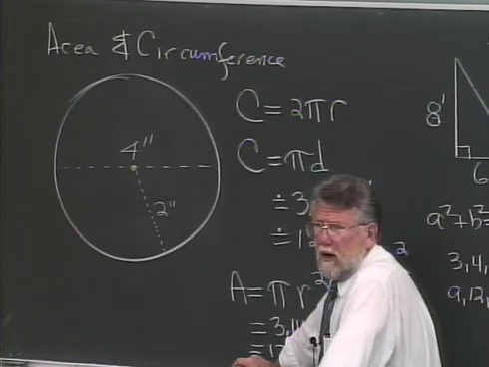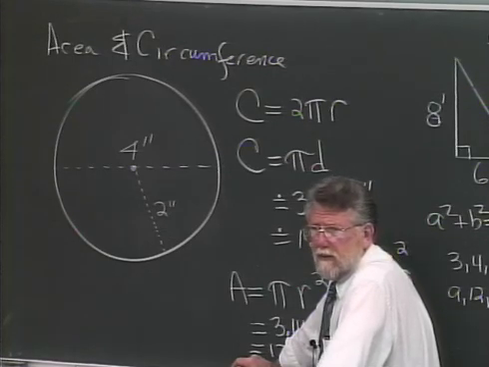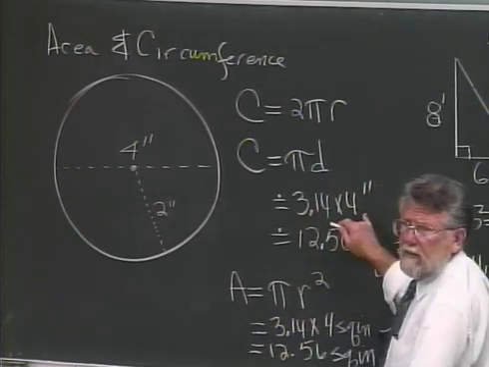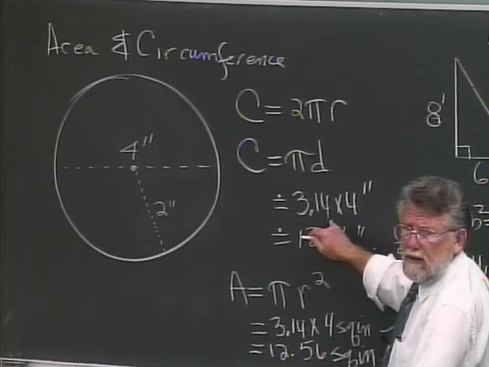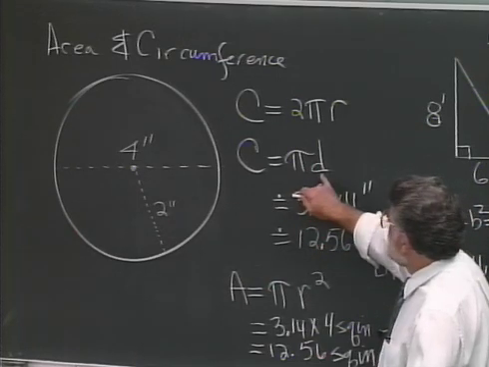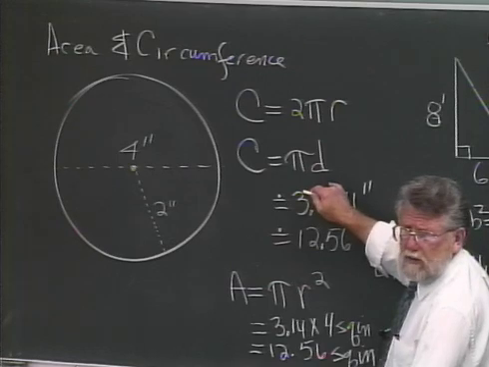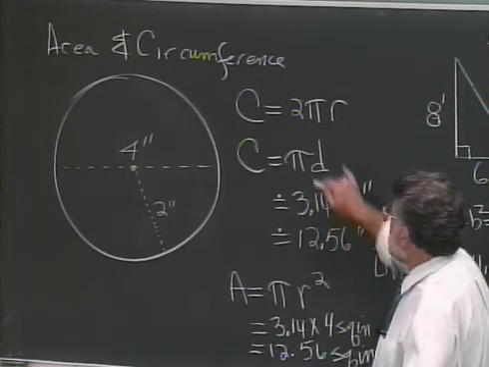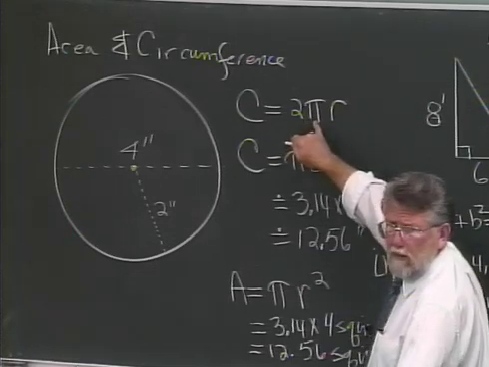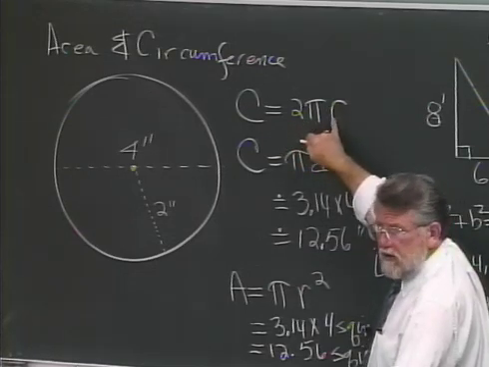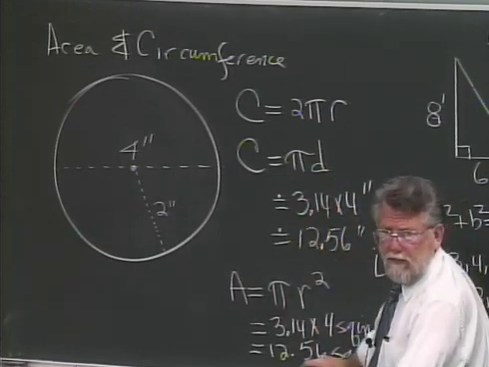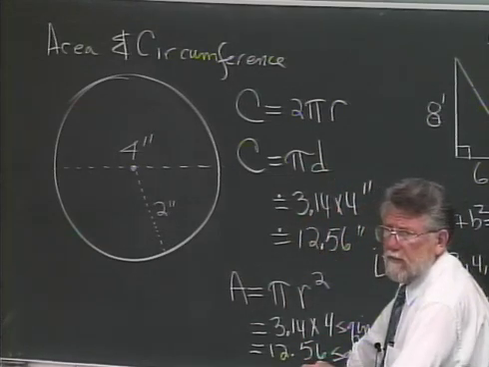So if you do 2 pi r, what do you get? 2 times 2 inches, which is 4 inches, times pi. The diameter is just 2r. These formulas are interchangeable. So I can use the diameter at 4 inches, or I could take 2 times 3.14 times 2 inches, which is 4 inches times pi. Either way will work.